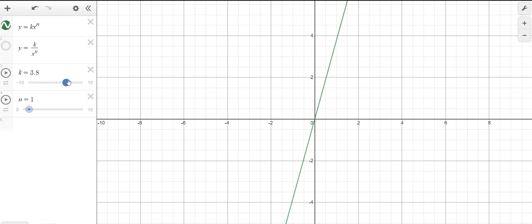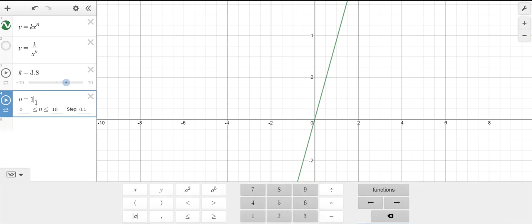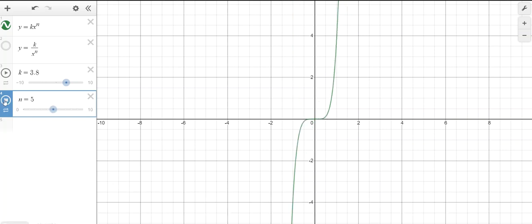So how do we find k from a graph? It's the slope, rise over run. Until we go up to a different one. So let's say when n goes up to 2, to 3, to 4, what is happening then?